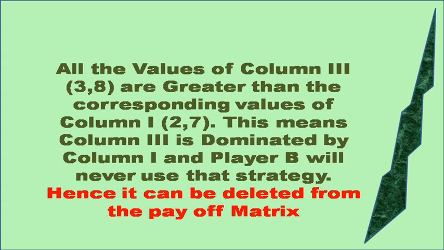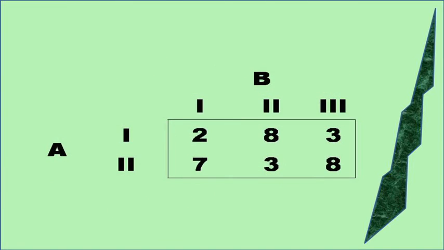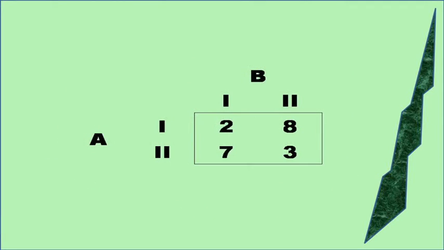This means column 3 is dominated by column 1 and player B will never use that strategy. Hence column 3 can be deleted from the matrix. This means we have again a reduced matrix. Now it is a 2 by 2 matrix.